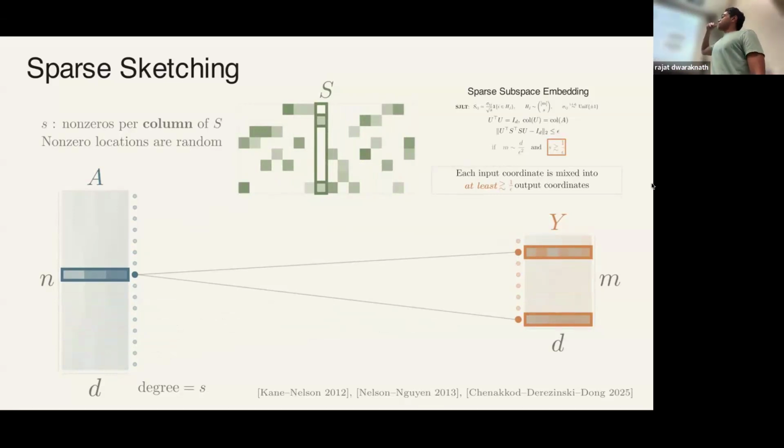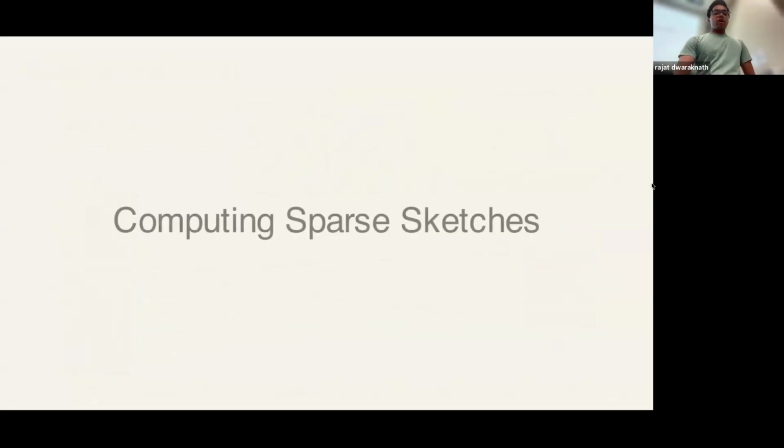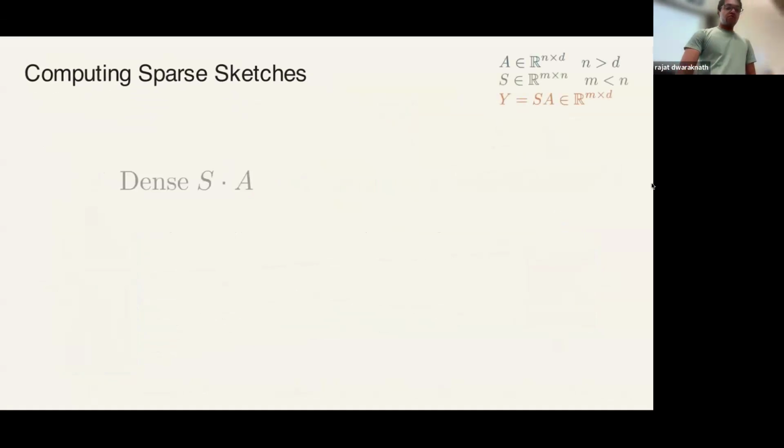Now, again, the same sort of theoretical stuff: you can do a lot more smart things about how you sample these sparse sketches, but I want to take a slightly different turn and not focus purely on the theory, but talk about how we actually compute these sparse sketches in practice, right? That was the whole motivation of designing sparse sketches. If you wanted to do dense S times A, that would be M times N times D flops.